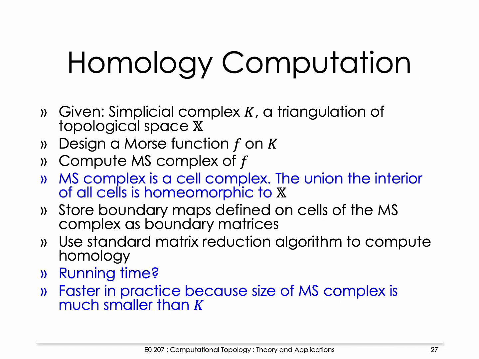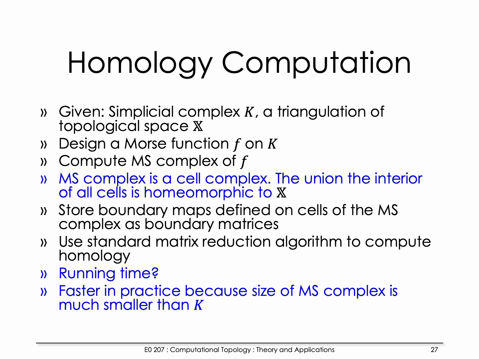Let's conclude this discussion by talking about one quick application. So we are talking about homology computation. So the typical input is a simplicial complex, which is a triangulation of some topological space X, right?